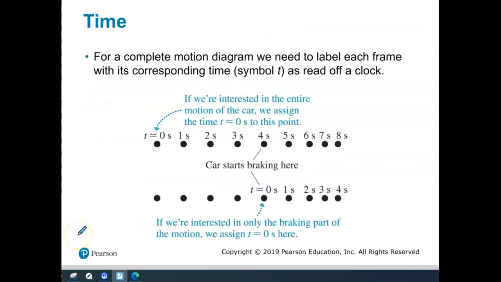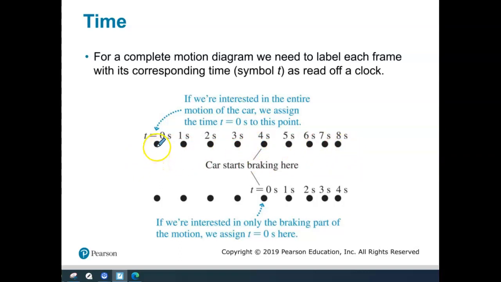One other thing we need to be aware of is time. We want to say where something's located at a certain point in time or how it's moving at a certain point in time. For that, these motion maps are helpful because every dot is representing a consistent amount of time. In some cases, we will want to record the value for the entire motion of something.